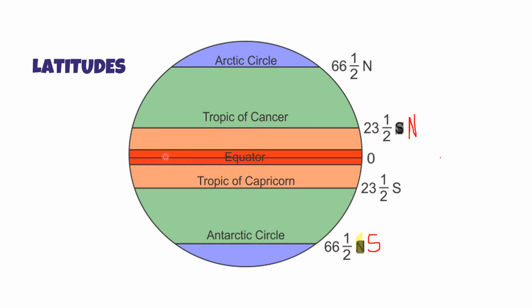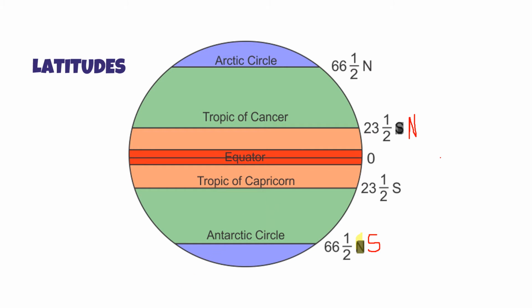The first important line of latitude is the equator. What is the equator? The equator is a line which runs from east to west, and it divides the Earth into two equal halves, the northern hemisphere and the southern hemisphere.